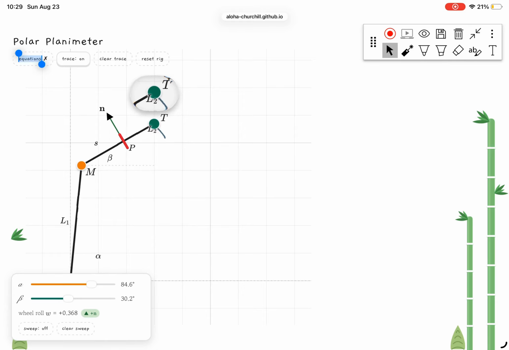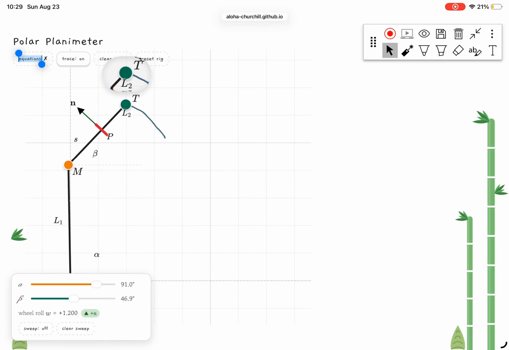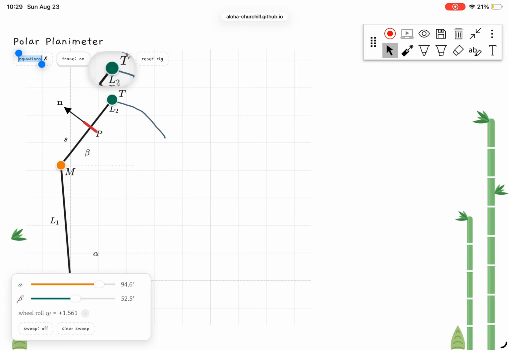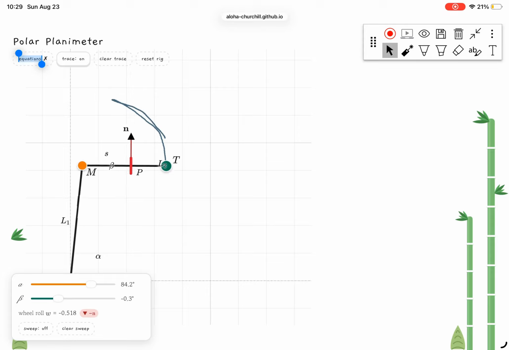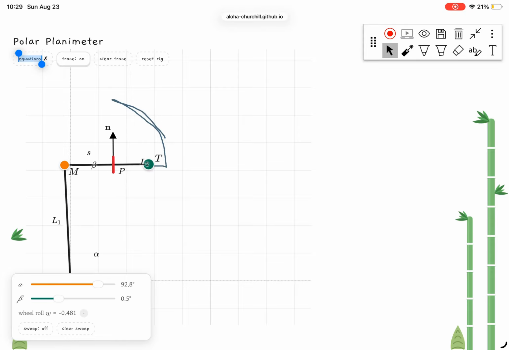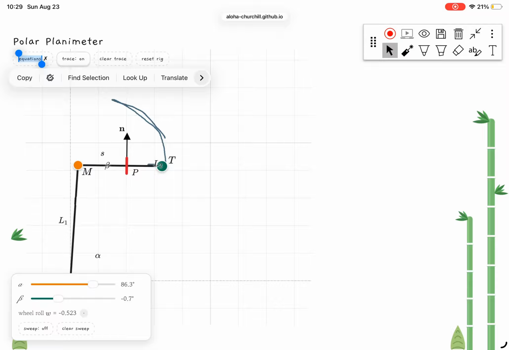When the wheel is rolling forward in the direction of the wheel's normal vector n, W increases, and while the wheel is rotating backwards, W decreases. If the wheel slides without rolling sideways along the axis perpendicular to n, no roll accumulates at all, and so W remains constant in this case. So while W is directly proportional to how much the wheel rotates, it's important to remember that W is a length, not an angle.